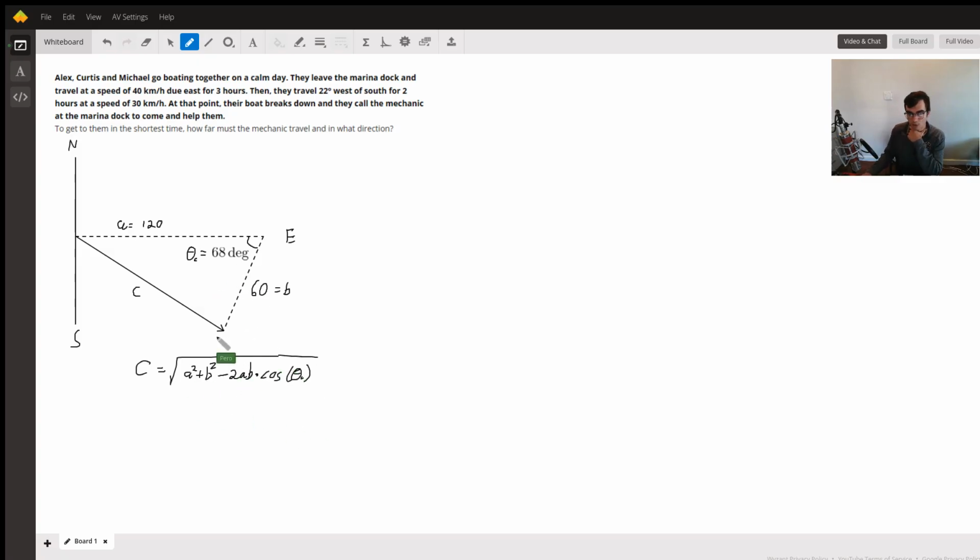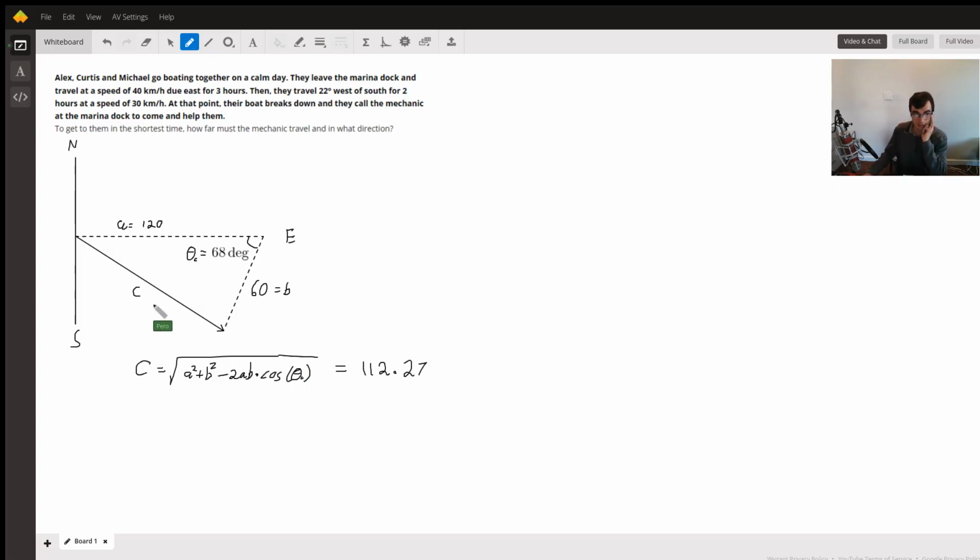So plugging all of these values into our calculator to find the side length C, we find that C is equal to a side length of 112.27 kilometers. Now, it's a bit more precise than that, but I've rounded it down to 2 decimal places.